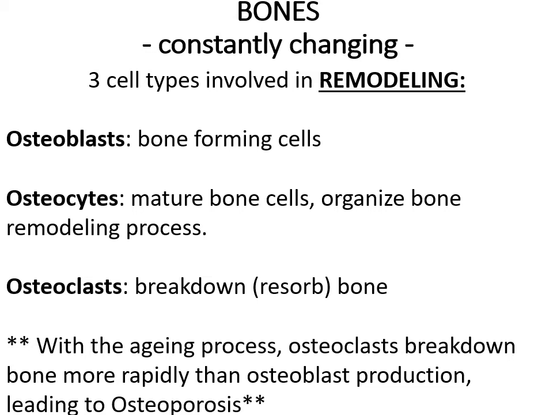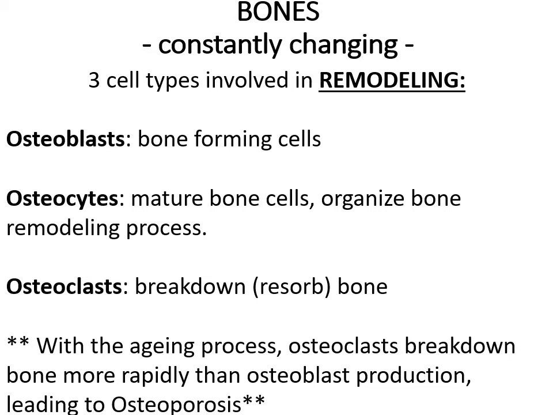Okay, so typically with the aging process, osteoclasts break down bones more rapidly than osteoblasts produce bones. Okay, and in particular in women, this leads to osteoporosis. And a lot of bone is lost in women in the first 5 years after menopause.